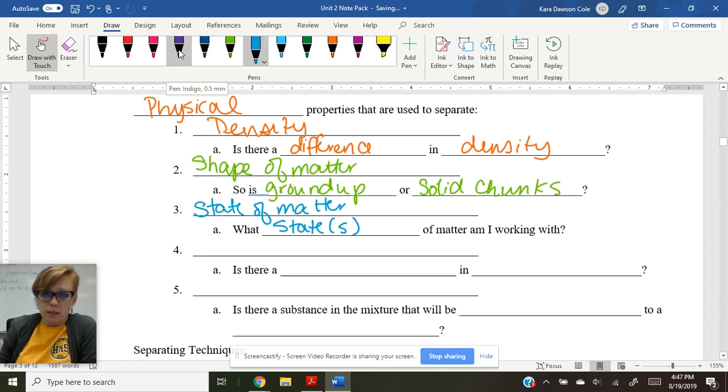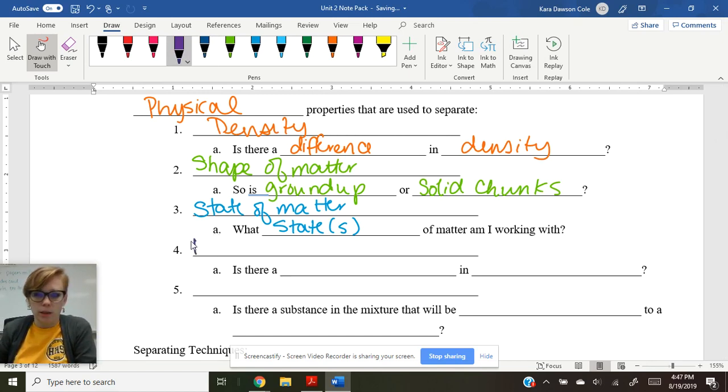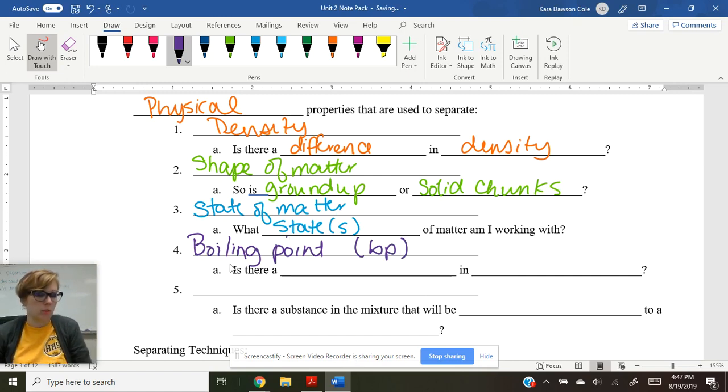A fourth type of property that we could look at is the boiling point or the melting point. And mainly, I'm going to say that we're going to look at the boiling point. A lot of times I will abbreviate this as BP. So what's the boiling point of the mixture, or what's the boiling point of a substance within the mixture?